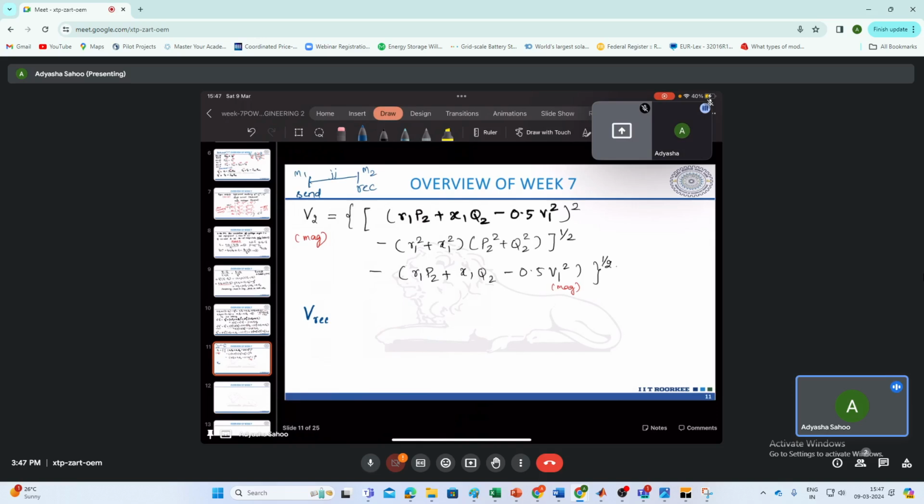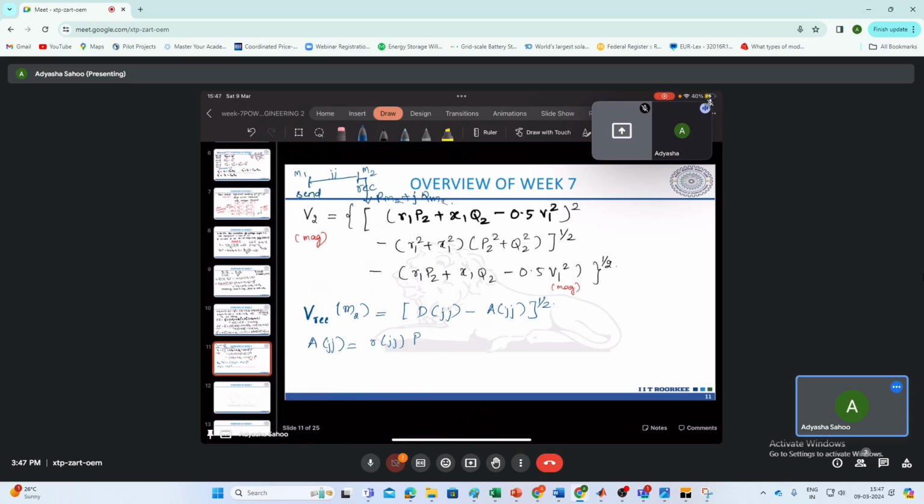So the receiving end voltage magnitude VM2 you will get as (DJJ, which is the branch number, minus AJJ) to the power of half, where this AJJ is basically the resistance of that line, and at the receiving end, PM2 and JQM2.